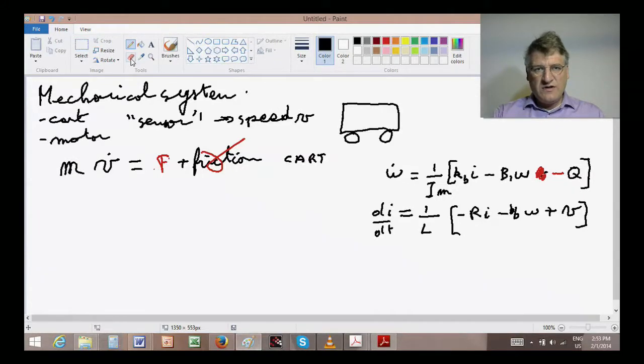So let me clarify what I meant here. I meant Kb times omega. Okay? So that is for the motor.